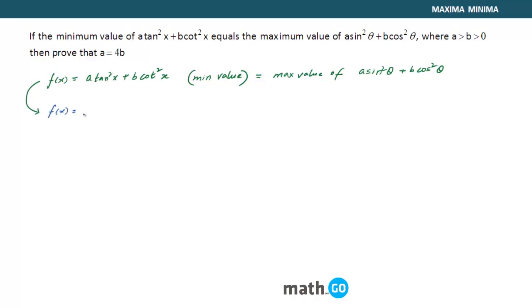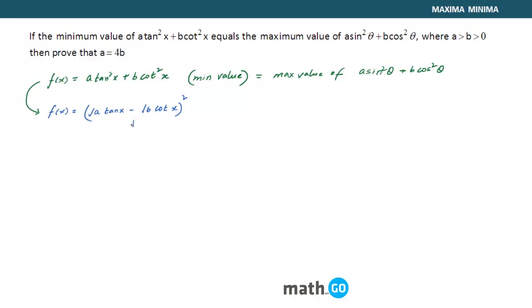square over here? Let's see, if I say (root a tan x minus root b cot x) whole square, what would this value be? This will be a tan square x plus b cot square x, which is what you have, and it will have an extra term.